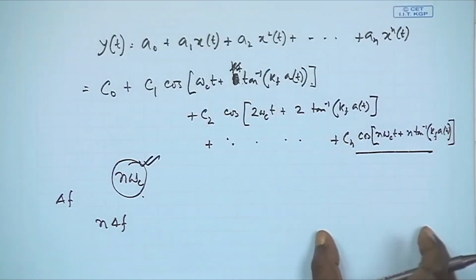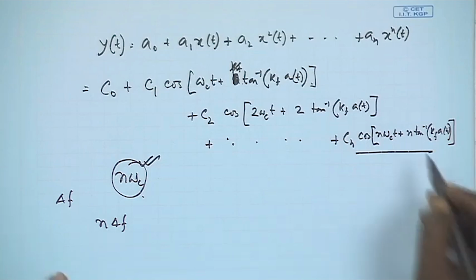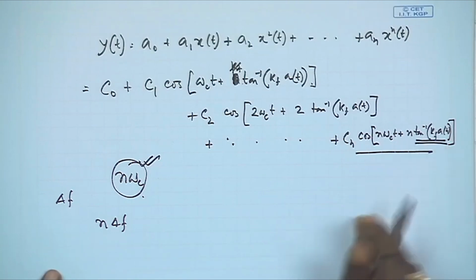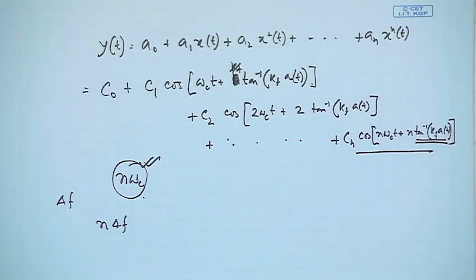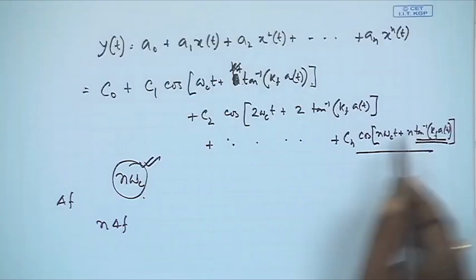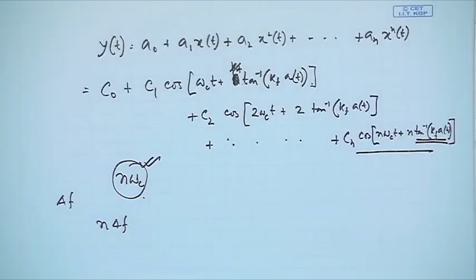That is actually an FM modulated signal. See, this tan inverse can still be approximated as kf into at, because the original kf into at still remains small. Only thing is that it gets n times multiplied. So, overall I get a wider band FM. This is the best part of it.